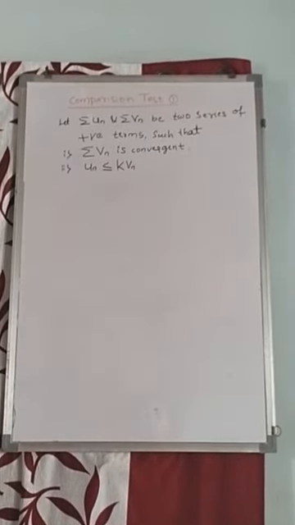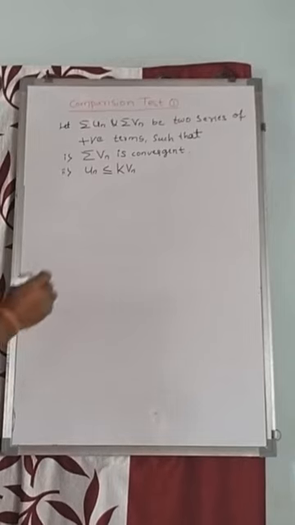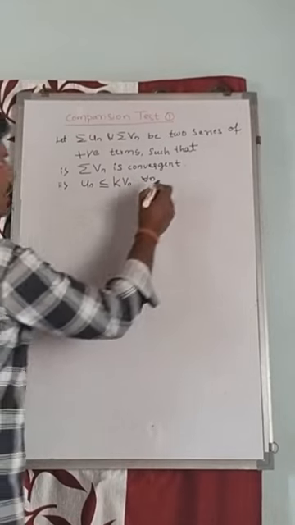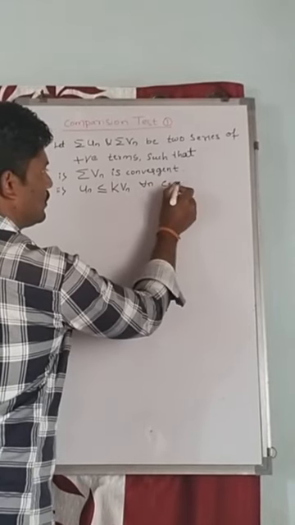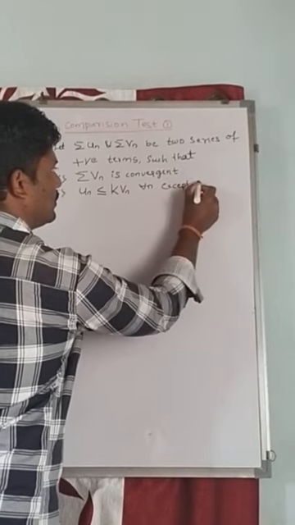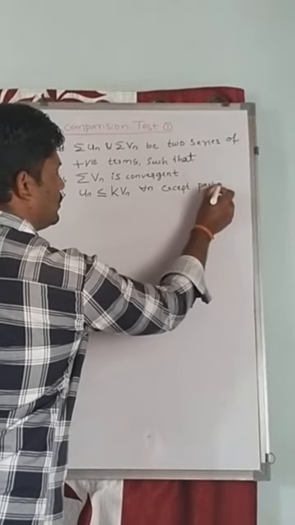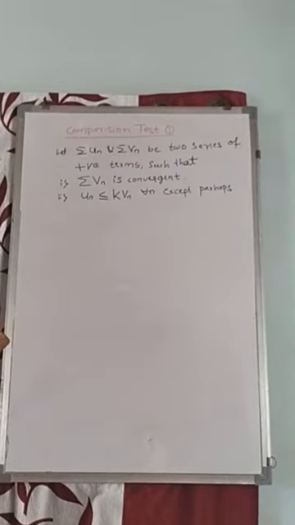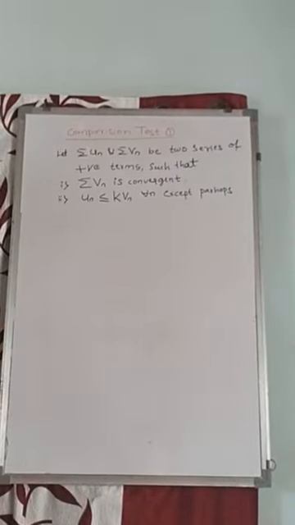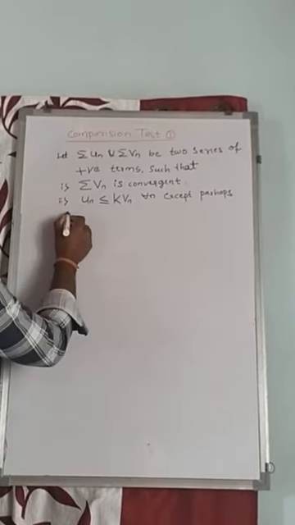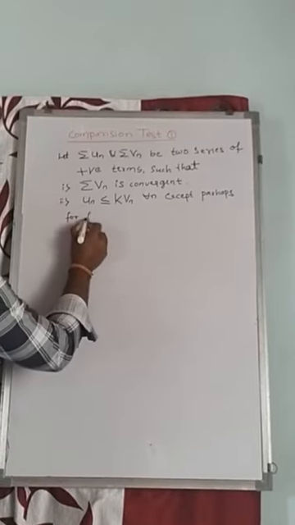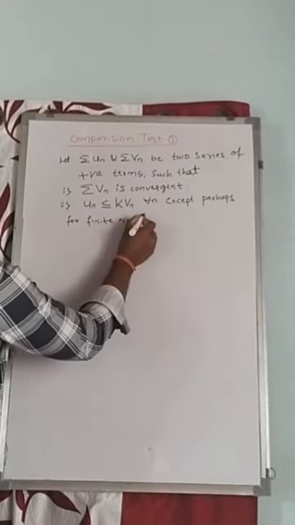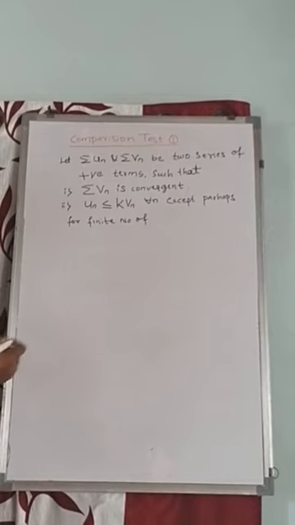un is less than or equal to k into vn for all n, except perhaps, which means suppose, except perhaps for a finite number of terms.